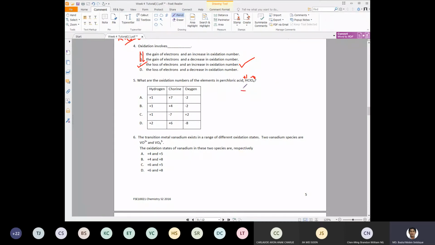Hydrogen is +1, oxygen is -2 times 4, and altogether it is 0. So there is no other choice but chlorine must be +7, and only then the total becomes 0. That means +1, +7, -2.